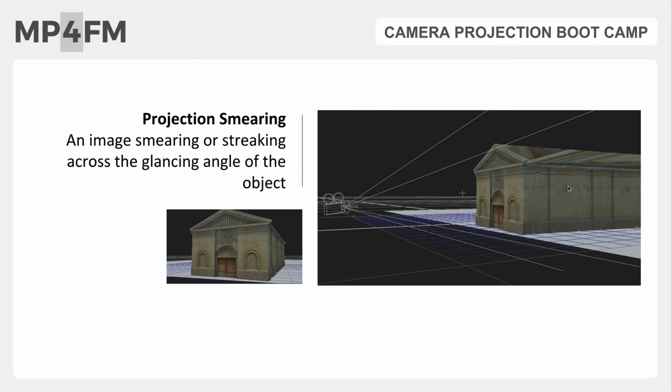And like I said, the solution to projection smearing is, from this point of view, if this is where the camera ends, you just create a new patch projection that will fix these areas. And so you'll have one projection that's taking care of this area, and then you'll have another projection that's taking care of this area right here.